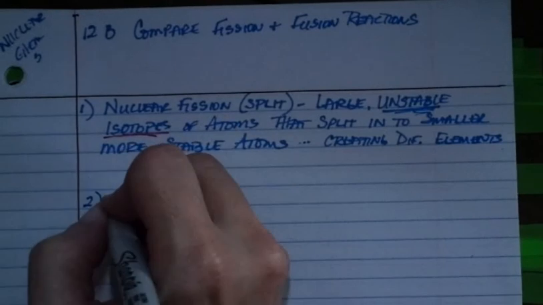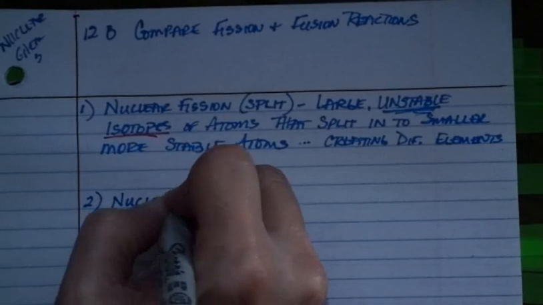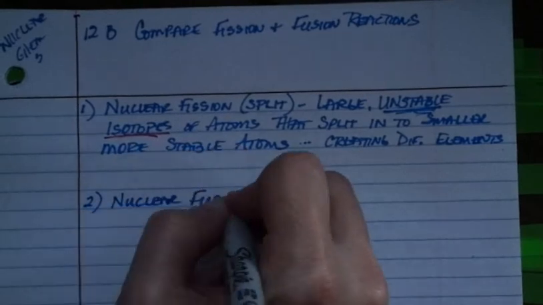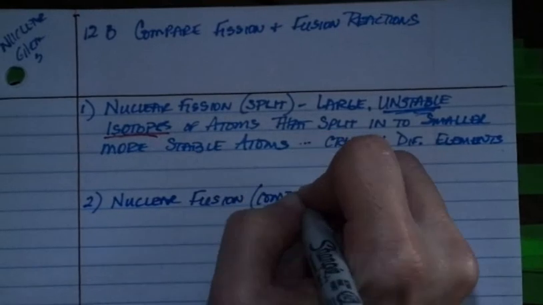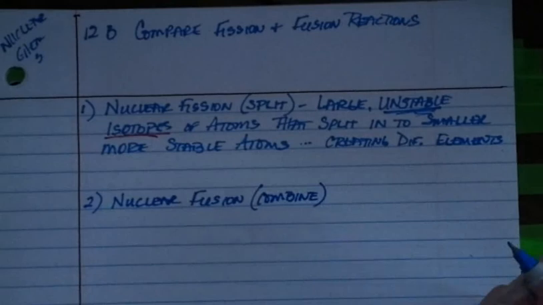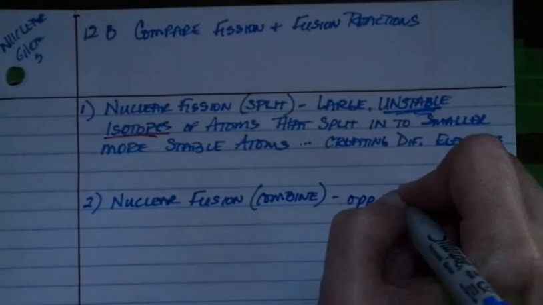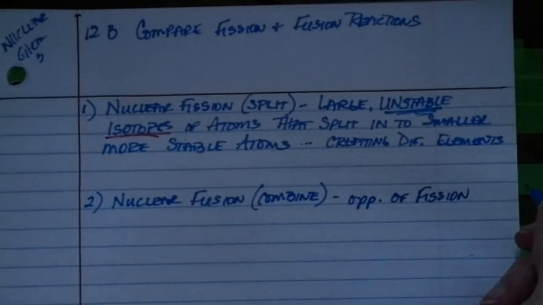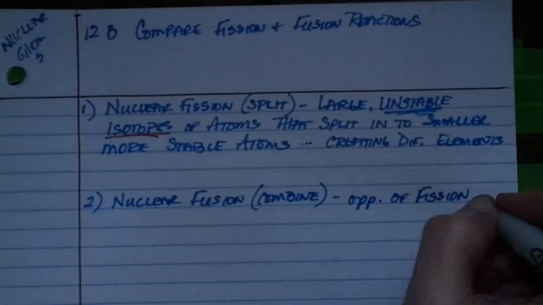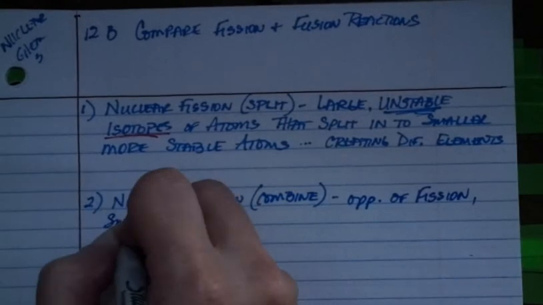Fusion means that you're going to combine. So when you fuse two things together, you combine them. So this is the opposite of fission. This is when you have smaller, unstable atoms. It's all about becoming more stable. So you have smaller, unstable atoms.